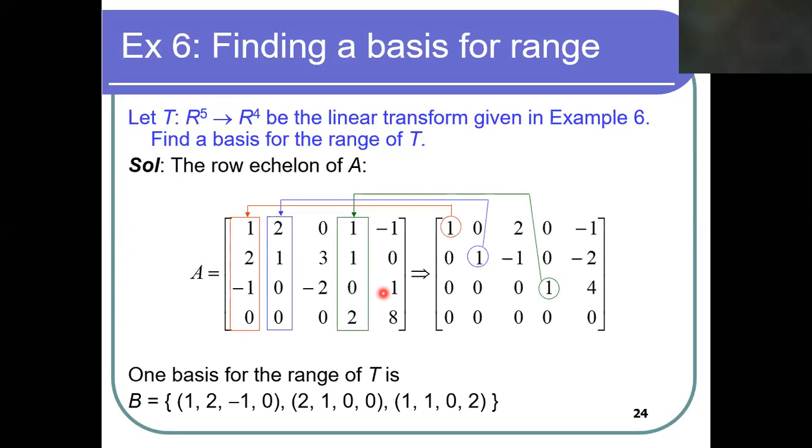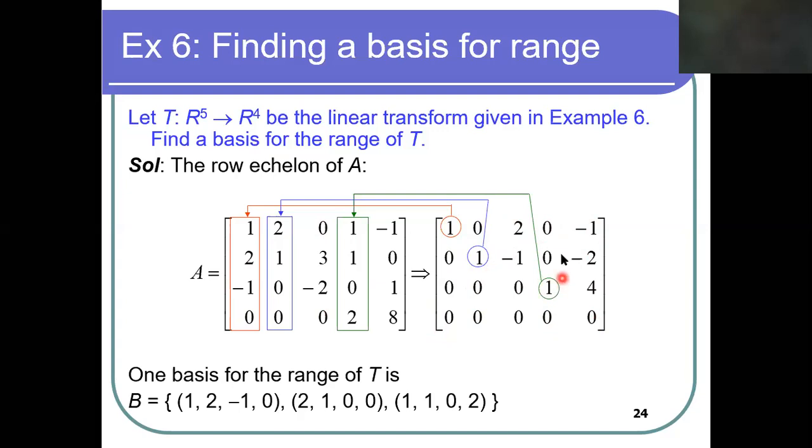So let us solve one example, dear student. This is a transformation from R5 to R4. The matrix of the transformation is this one. If I reduce this into echelon or reduced echelon form, you can see this column consists of a pivot position, this column again consists of a pivot position, this column has no pivot, this column again consists of a pivot position, and this column again has no pivot position.